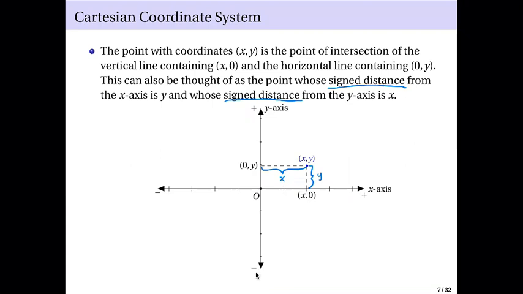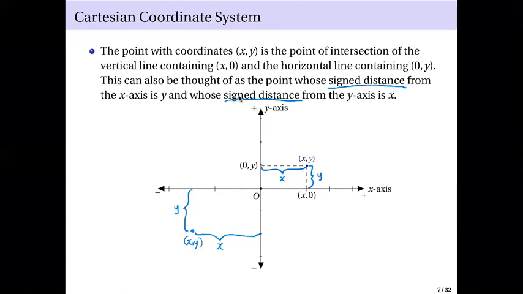So if I have some point here which we label x comma y, the value of x here is negative because it's on the left of O. The value of y here is also negative because it's below O. So we still think of this distance as our x, a negative number, and this distance here is your y, again a negative number because we consider the signed distance.